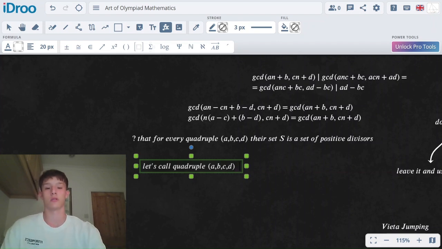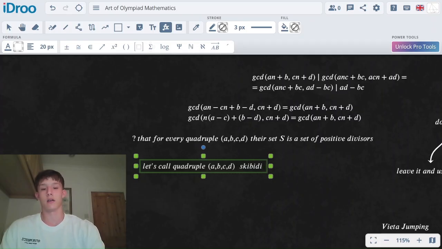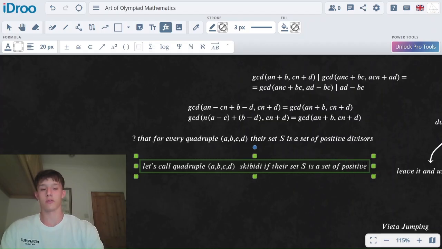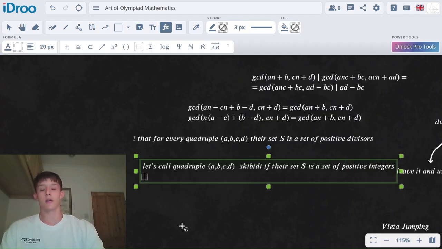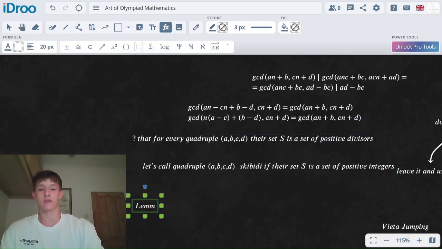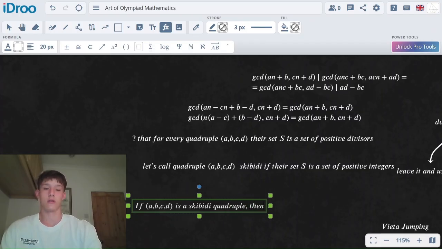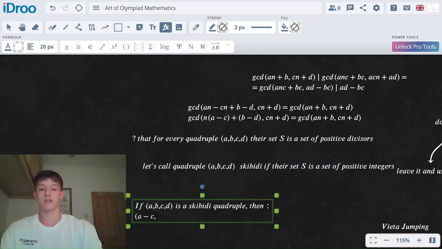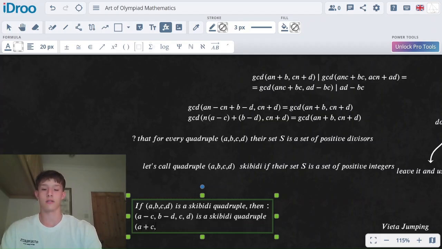Let's call it skibidi. Our main lemma is that if A, B, C, D is a skibidi quadruple, then A minus C, B minus D, C, D is a skibidi quadruple, and so is A plus C, B plus D, C, D.